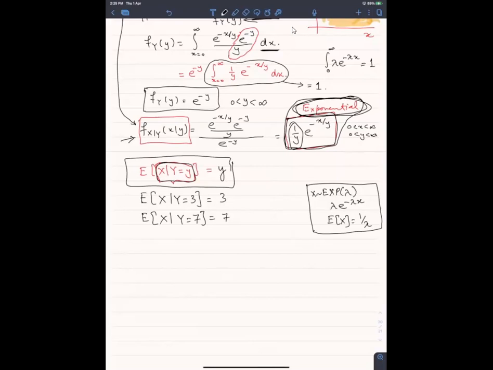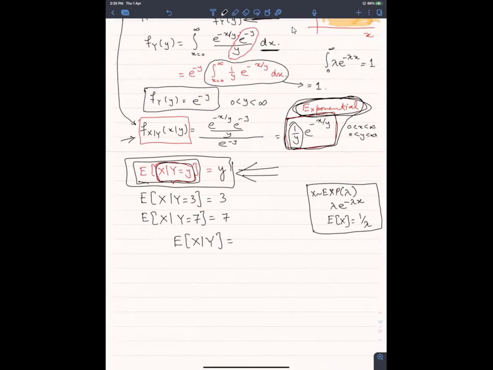Okay. Now I am going to ask something and that will lead to chapter 7. But we will not go there right now. I will just ask the question and end here. And that is expected value of x given capital Y. What is this? Realize the difference. The one written above is expected value of x given y is equal to y.